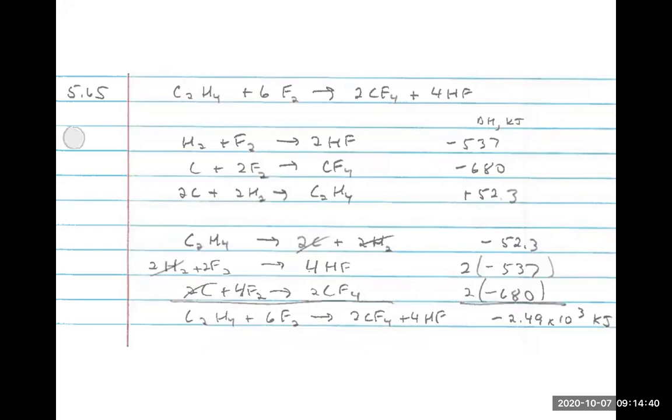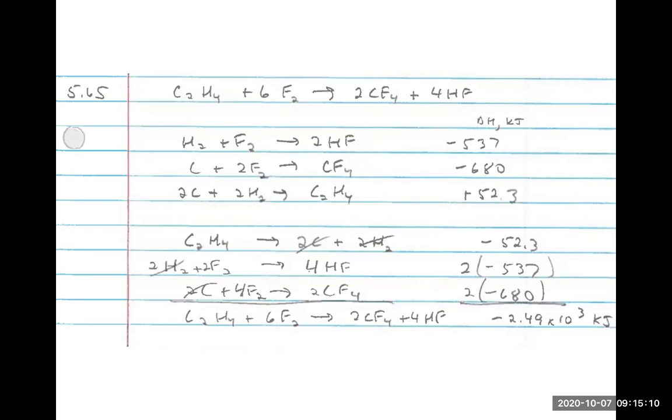And now I look and start seeing the numbers. I know I have to get to a total of 6 for the F2 molecules. I have to get 2 for the CF4, 4 for the HF. So that's where I go in. And so like in the second one I have written there, everything's multiplied by 2. And this is so that I can get to the numbers that I need to have the right total.